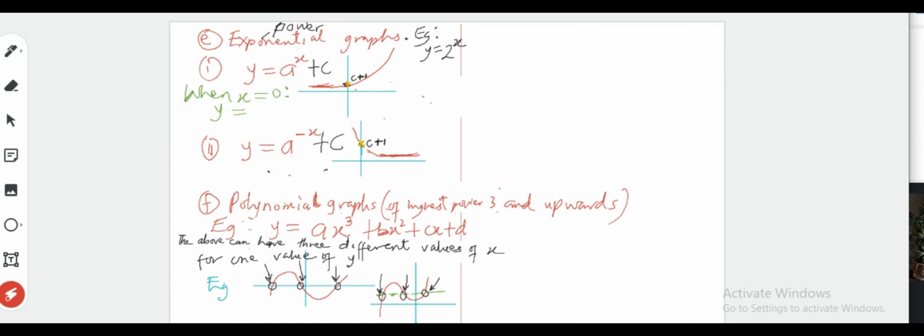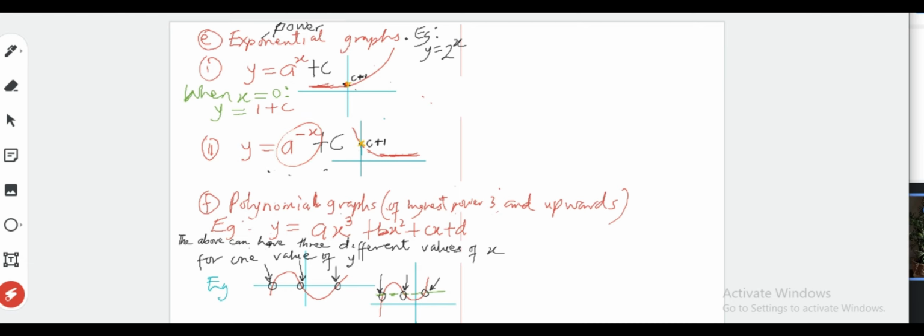So when x is 0, because a raised to power x is 1, the whole of this will be 1 plus c. So y will be 1 plus c. That will be the intercept. The intercept is when x is 0, isn't it? So the coordinate of this point will be 0, c plus 1. The same thing we apply here.